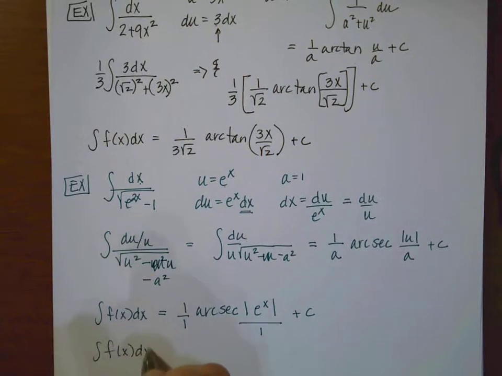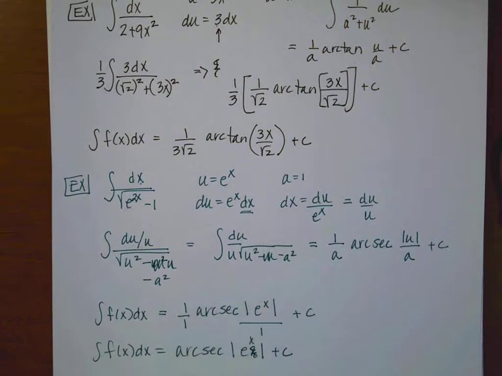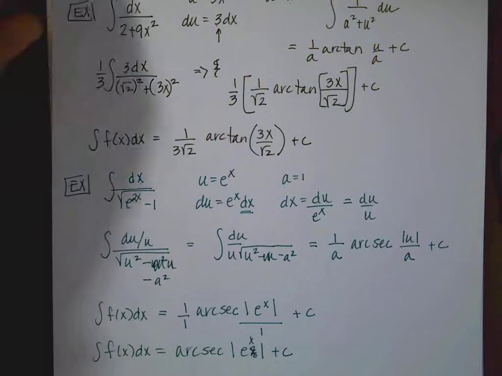Just to clean it up, my integral of f of x dx is going to equal the arc secant of the absolute value of e to the x, plus c. Alrighty, so that one was done. Whew, sometimes these just get to be rather entertaining.